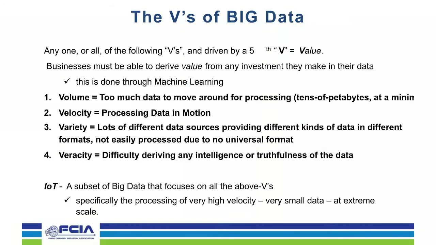And so what has come about, because it's so important for this idea of getting value from your data, is that we talk about the big V's of big data: volume, velocity, variety, veracity. This all culminates in the idea of a value proposition, right?